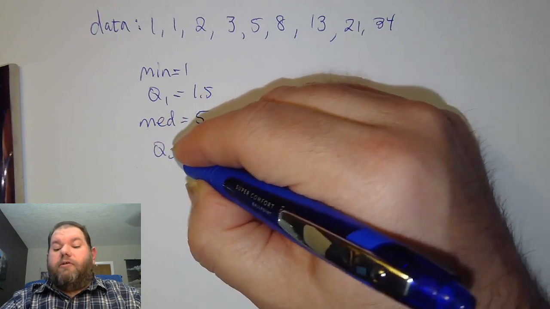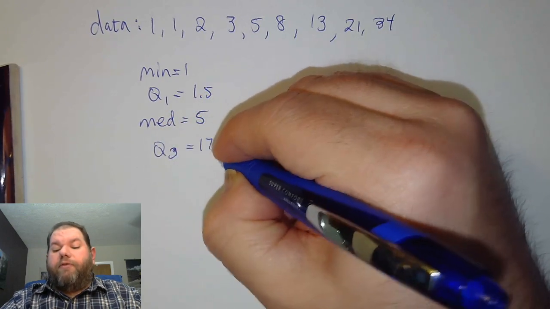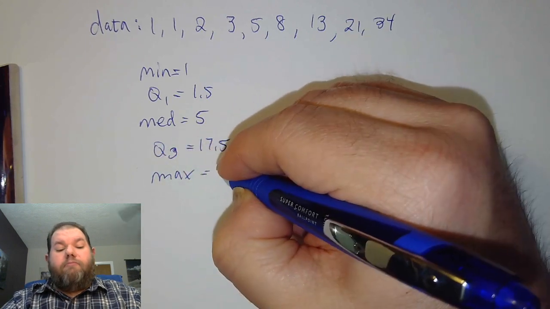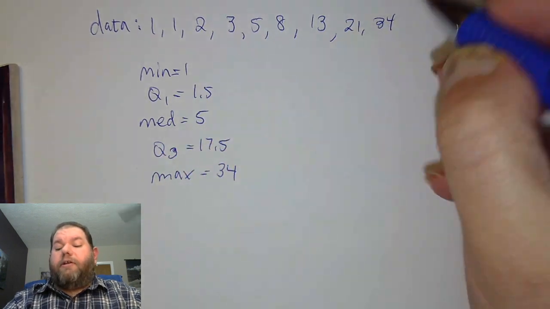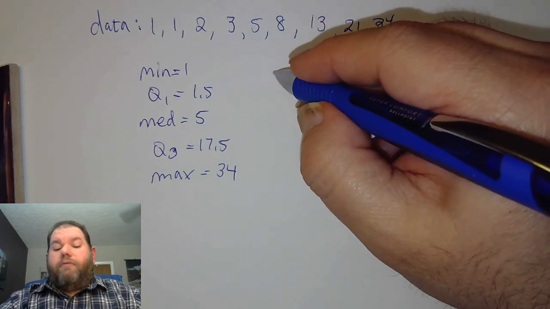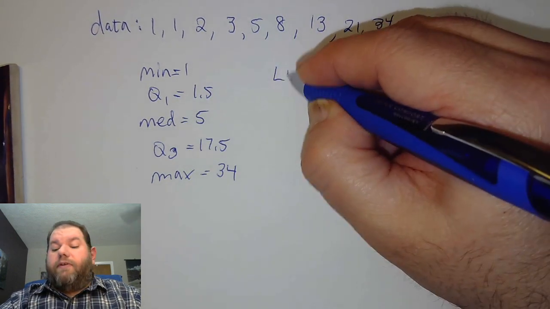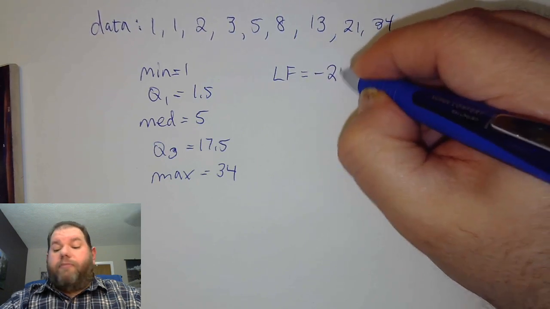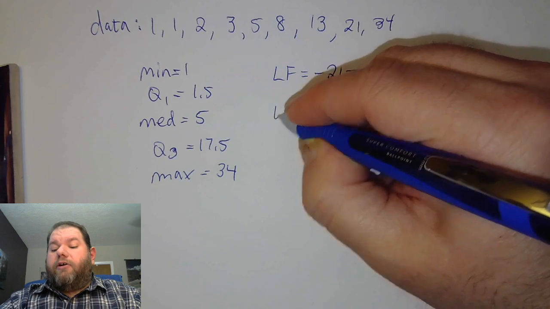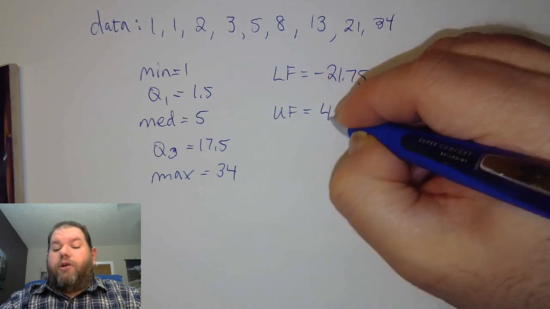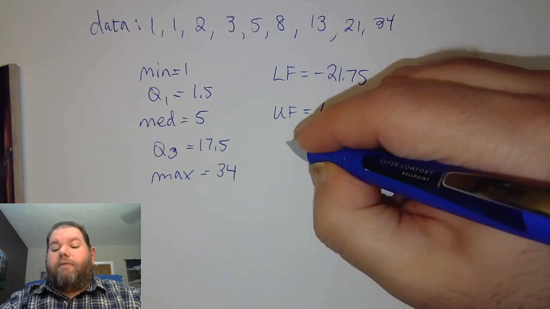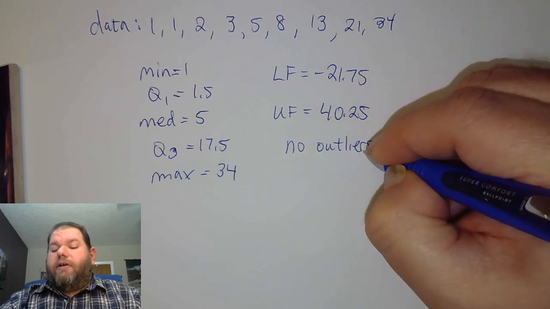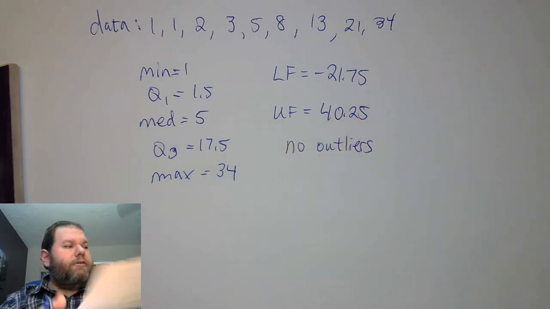Q3 is 17.5. And the maximum we found was 34 just by looking at that. We said that the lower fence was negative 21.75. Our upper fence was 40.25, and we have no outliers. So that's kind of summarizing what we have here.